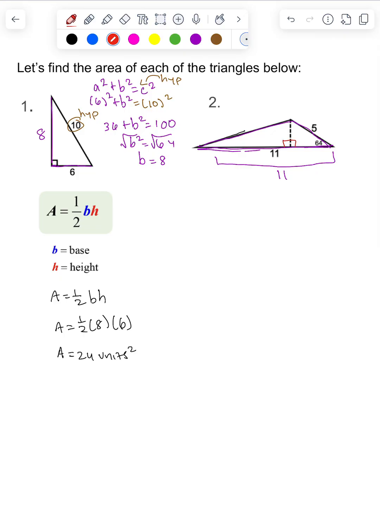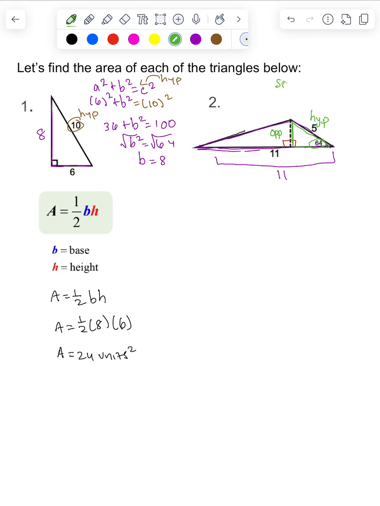The way that we can find the altitude is by using trig, because we do have a right triangle. We do have a focus angle, the 64-degree angle. From the 64-degree angle, this is opposite, which is what we're looking for, the height. And we are provided with the hypotenuse, which is 5.